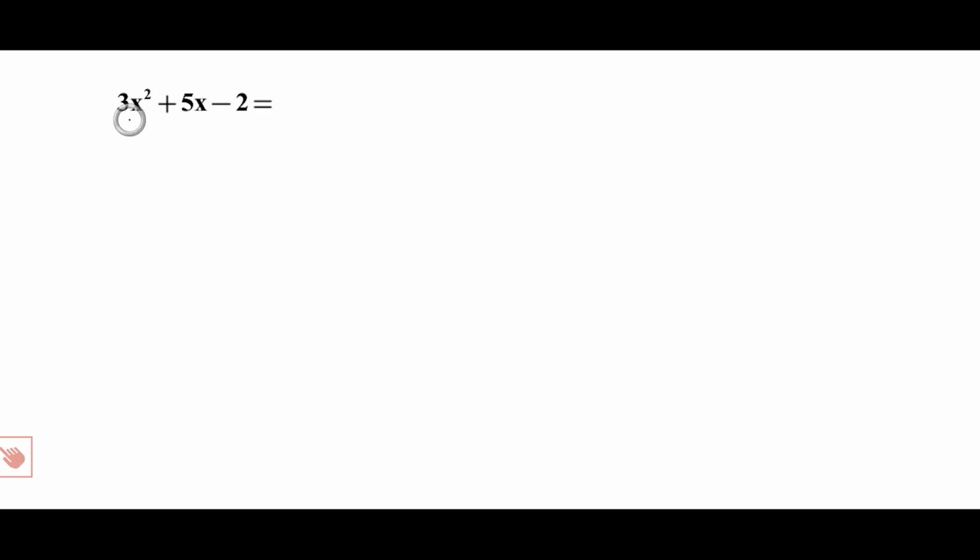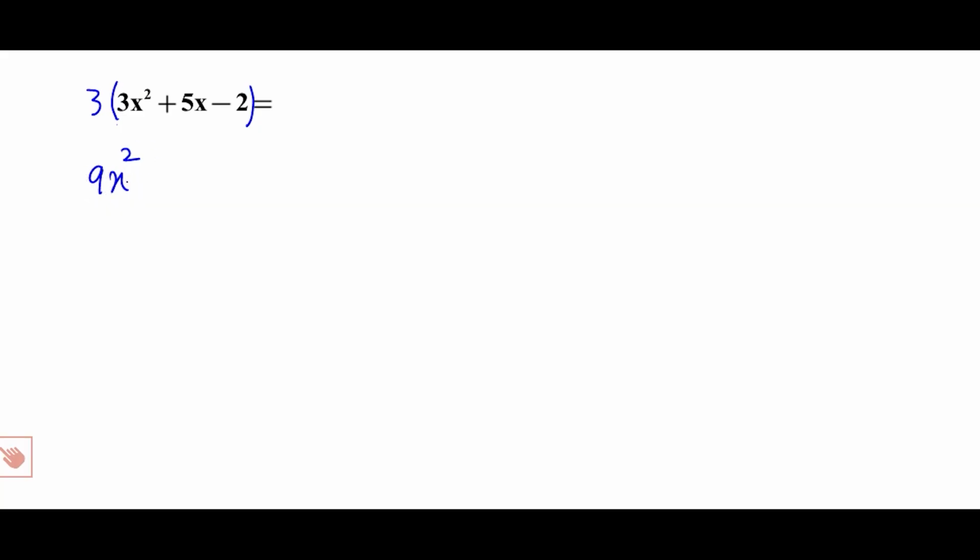The first thing we need to do is to multiply 3x squared by a number so that it becomes a perfect square. That means we multiply the entire expression by 3, so that 3x squared becomes 9x squared, and we have a perfect square.